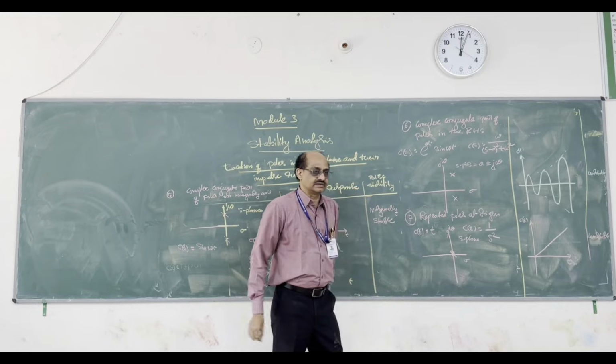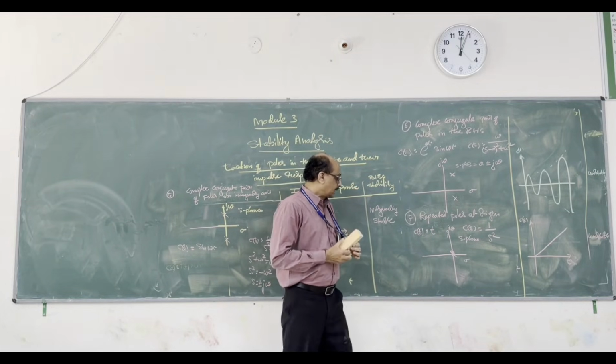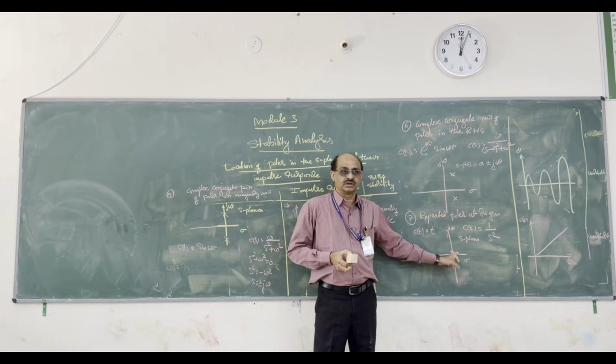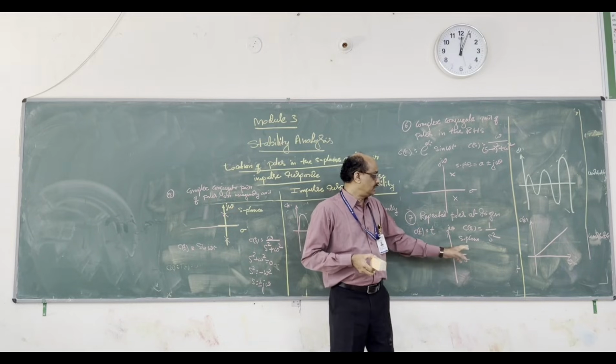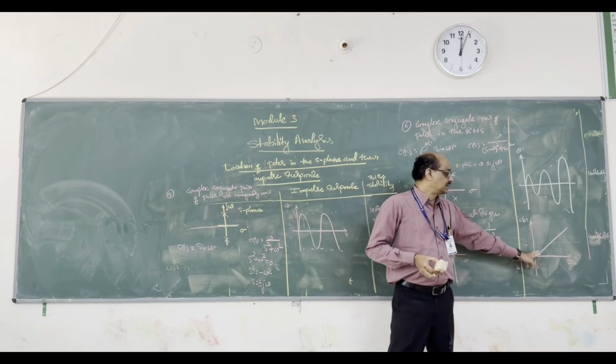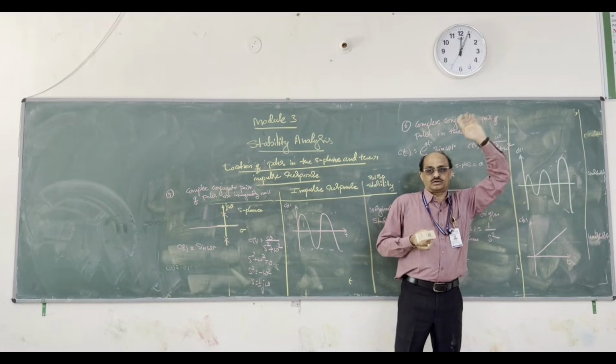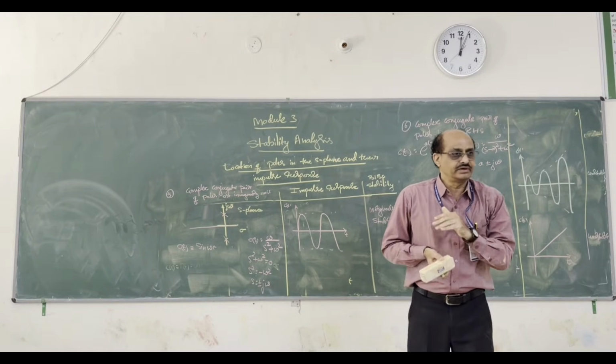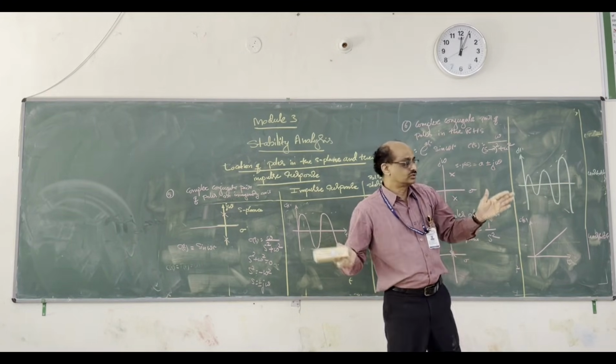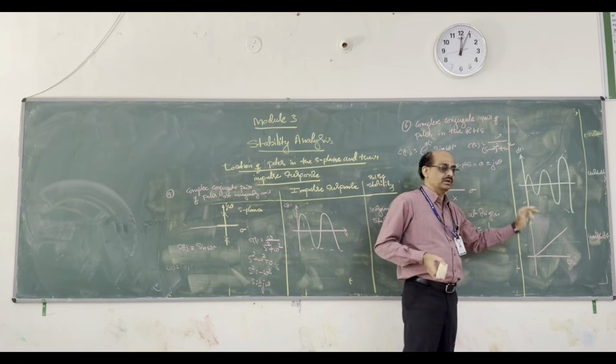In this case it is linearly increasing; repeated roots at origin give a response that is continuously increasing, and when it goes to infinity, the magnitude also goes to infinity. Hence it is unstable.